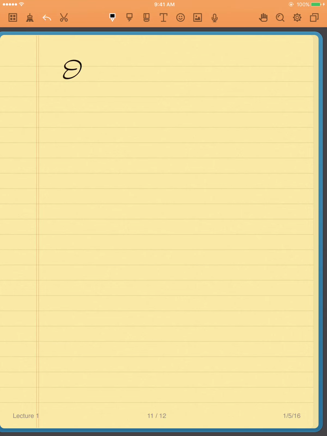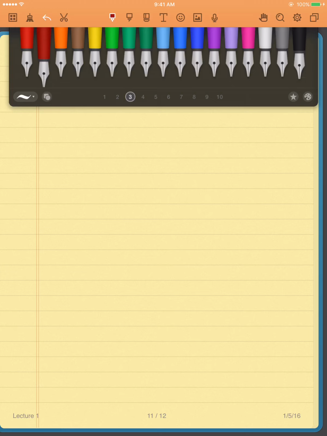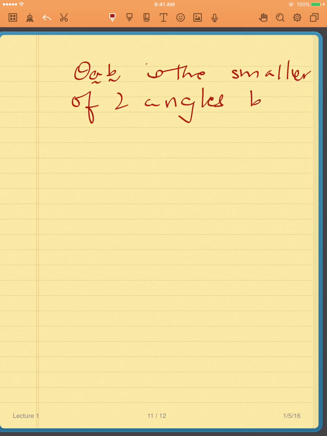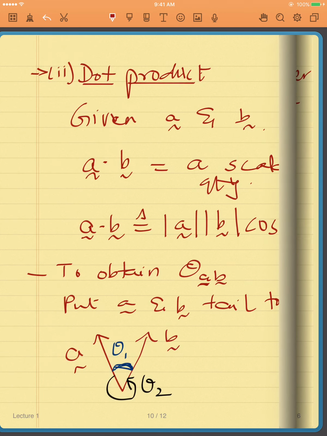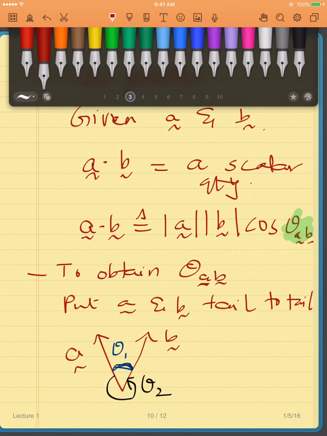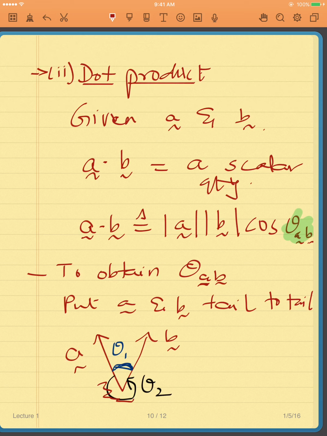So theta AB is the smaller of the two angles between A and B. Going back to the previous page, we should just say that we don't choose this one.